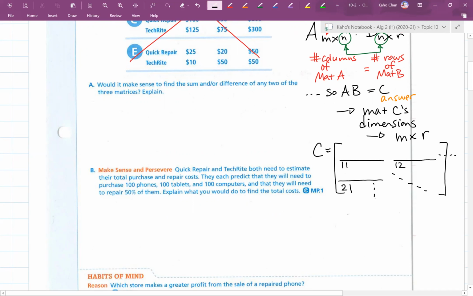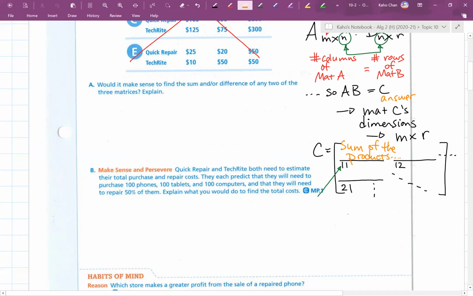How do we multiply? We're going to take matrix A's rows and multiply them with matrix B's columns for each spot. That's going to sound kind of weird, so let me say it again. Each element of matrix C is the sum of the products. Write this down: sum of the products. What products, you're saying?